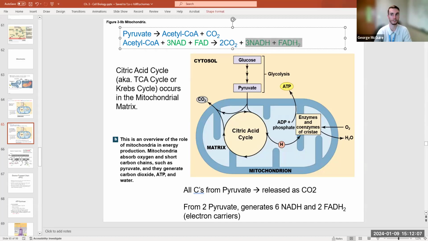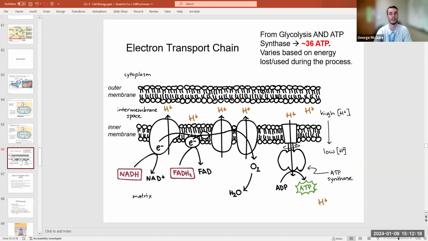And as a result, we have a whole bunch of these electron carriers now waiting for us. We've only made a little bit of ATP through glycolysis, and now we just have a whole bunch of these electron carriers. The final stage of cellular respiration is where we get to use the electrons from those electron carriers to make a whole bunch of ATP.